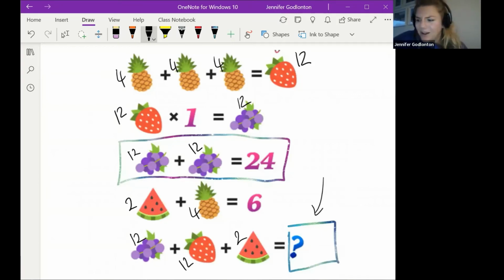Oh, my answer wasn't 12. My answer was 26. Where was the 12 coming from? I'm clearly losing the plot. But our answer was 26. You got it right, Jasmine. Nice job. Kira got it right.